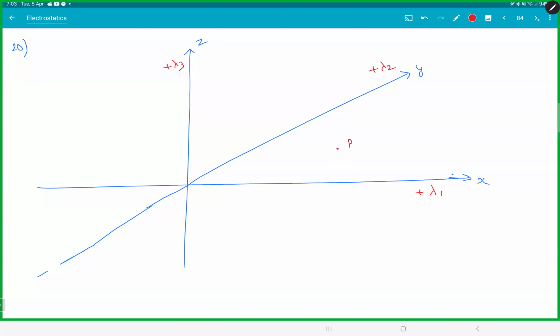And we have a point P here, which is x comma y comma 0. It is in the xy plane.